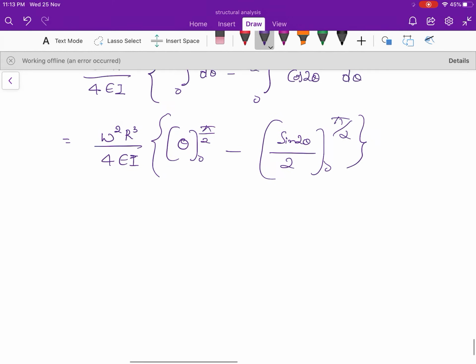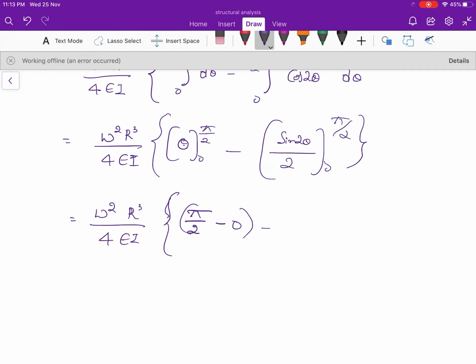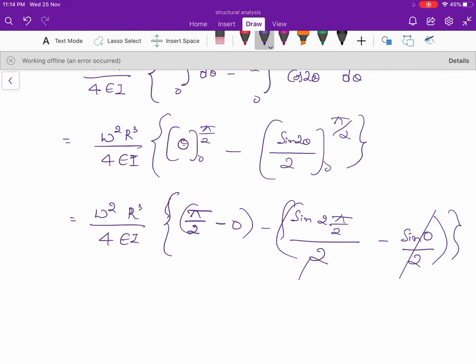So if you substitute this, w square r cube divided by 4 EI, theta in terms of pi by 2 is pi by 2, minus theta in terms of 0 is 0, again minus sine 2 theta by 2: sine 2 pi by 2 by 2 minus sine 0 by 2. These two things will become 0.